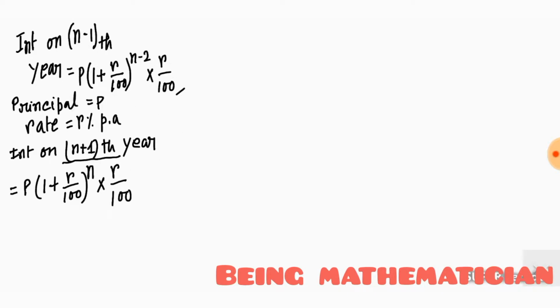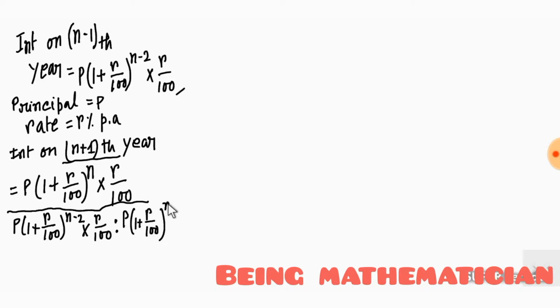So by the problem we can write that P into 1 plus R by 100 to the power n minus 2 into R by 100 is to P into 1 plus R by 100 whole to the power n into R by 100 is 25:36.